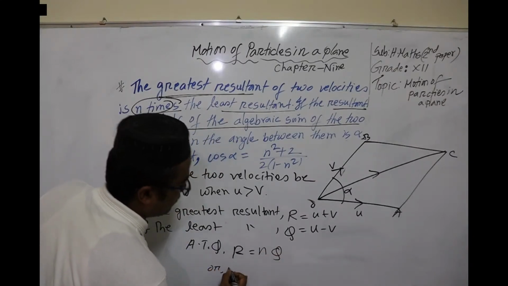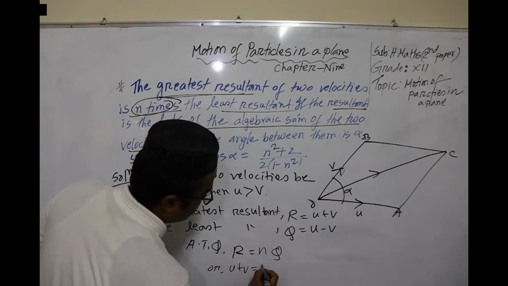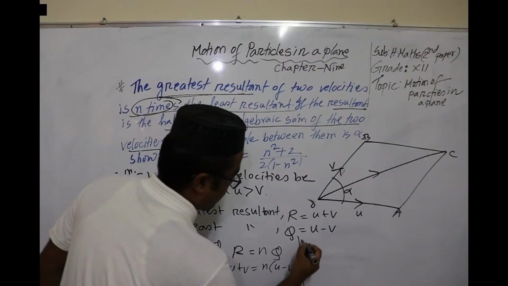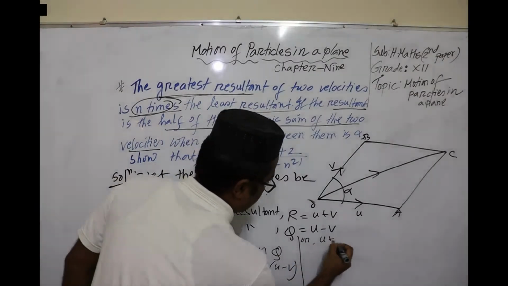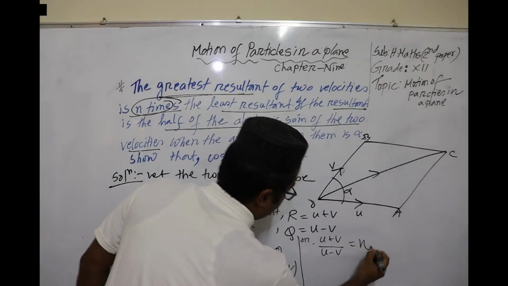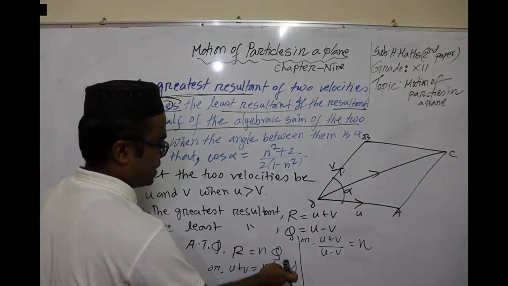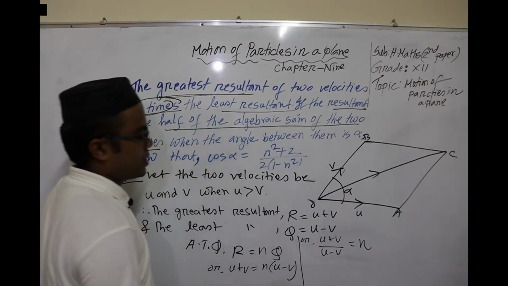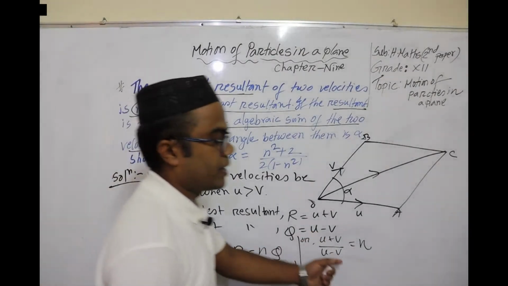Now you can put the value R equal to u plus v and q equal to u minus v. If we divide, you will get n. So (u plus v) divided by (u minus v) equal to n.